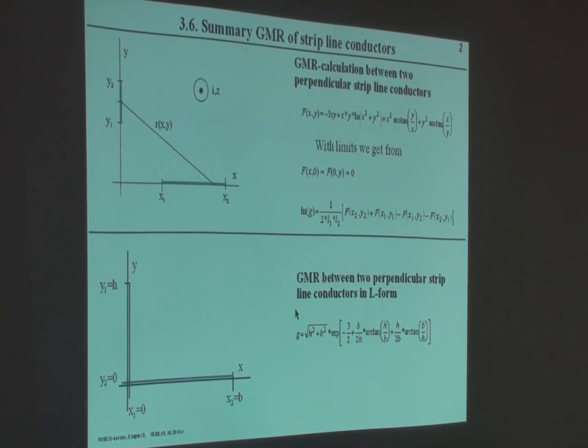So this is a problem. This problem is not shown here. If we have this against this, two strip line conductors, then one value is 0. I will explain that.